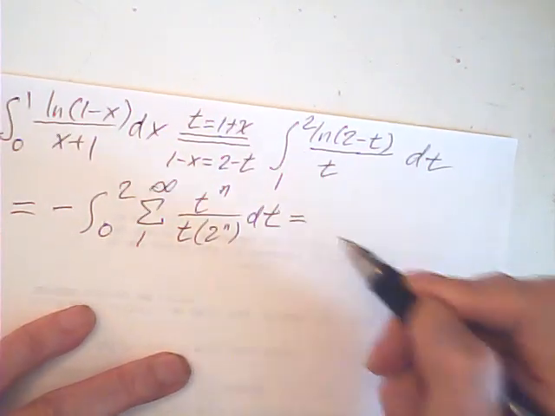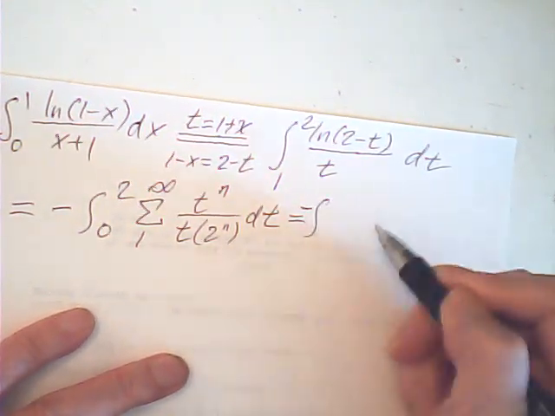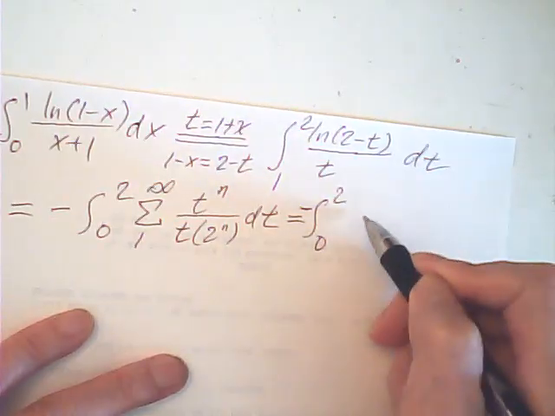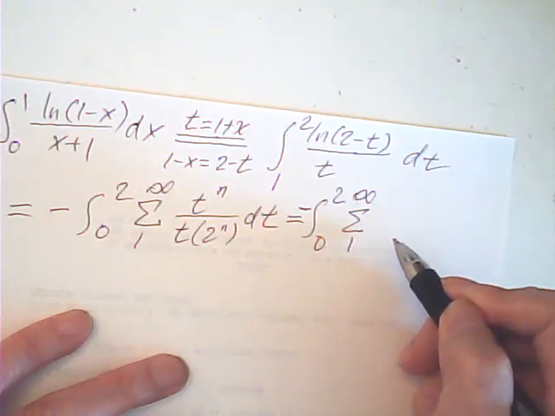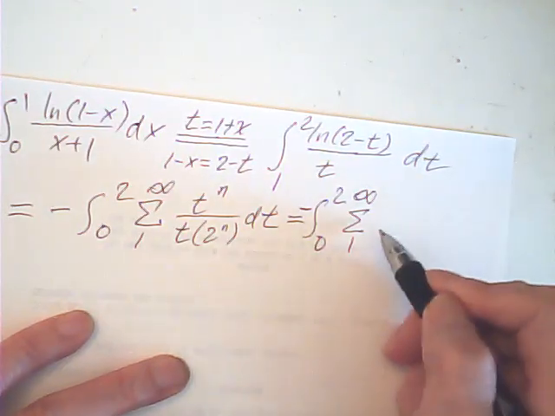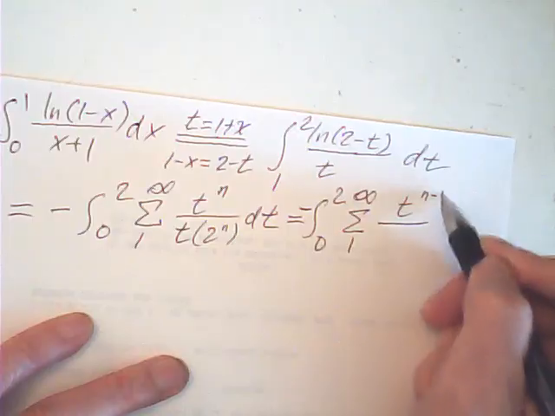So this one is equal to negative, from 0 to 2, sigma 1 to infinity, t^(n-1).